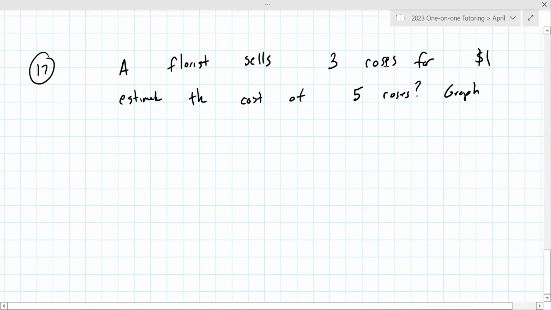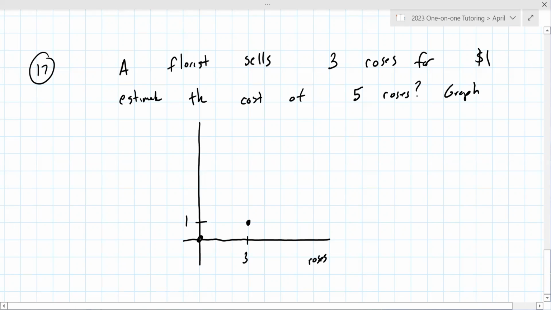Yes. So that's on your x-axis here. Okay, so 3 roses, $1. And we assume reasonably that if you don't want any roses, it's $0. So there's the other point on your graph.